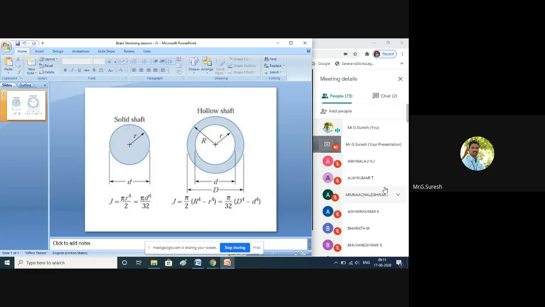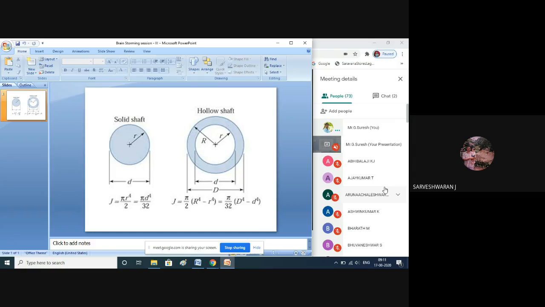Yes, who is that? Sarveshwaran, sir. Sir, the hollow shaft is better compared to the solid shaft, sir. Because it carries large weight and torsion, sir. Large weight. So you say the solid shaft carries less weight and the hollow shaft carries more weight?